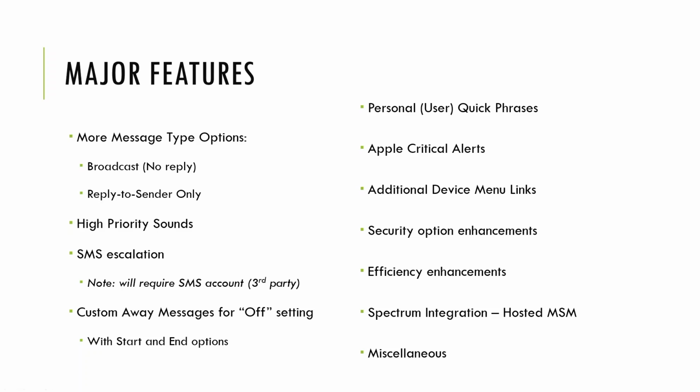High priority sounds, picking and determining a specific sound from the miSecureMessages app sound library for high priority messages. So you can have a different sound for normal messages versus high priority messages.